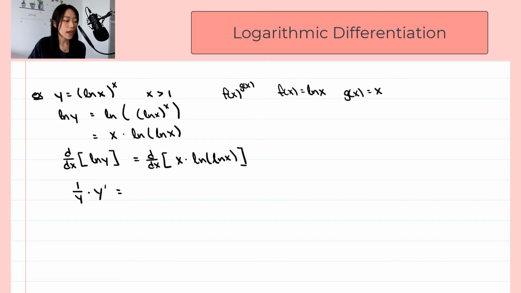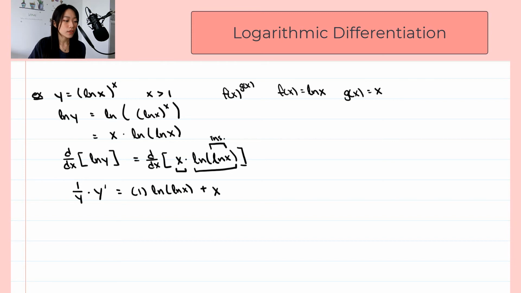On the right-hand side, we have a function of x times another function of x. So we'll use the product rule. So this equals 1 times the second function, ln of x, plus the first function times derivative of the second function. The second function is ln of an inside function, ln of x.